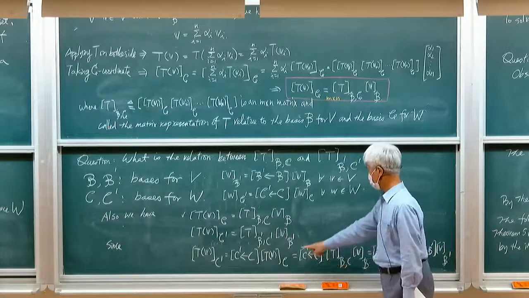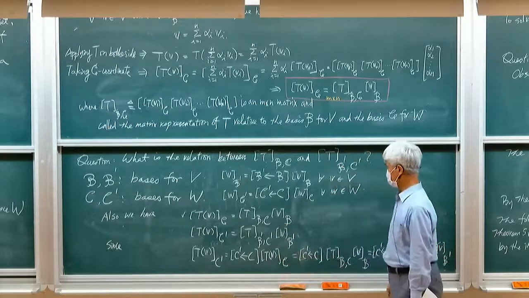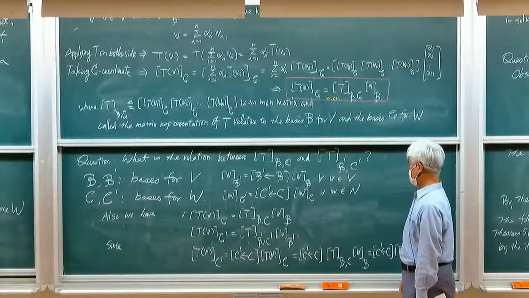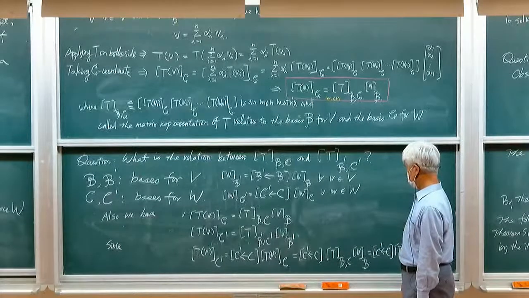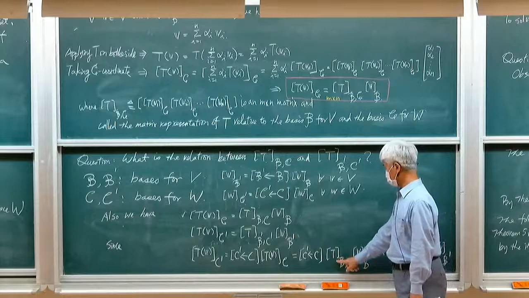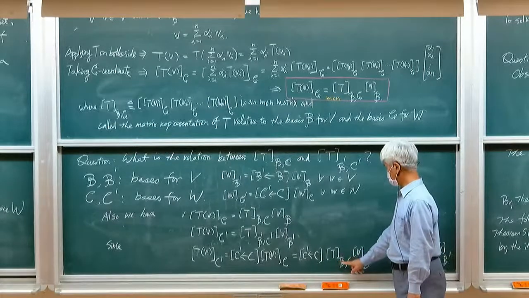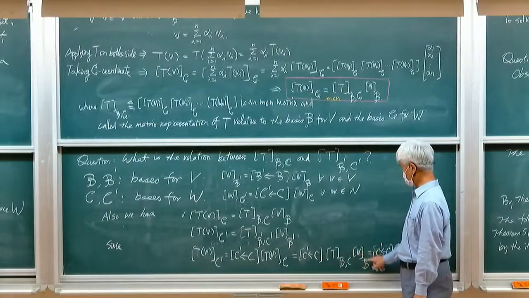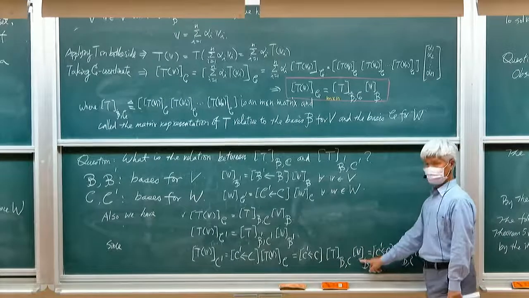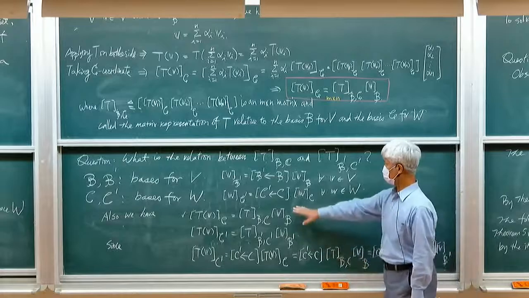So the C coordinate of the image of V is equal to the matrix representation relative to basis B and basis C, multiplied with the B coordinate of V here.